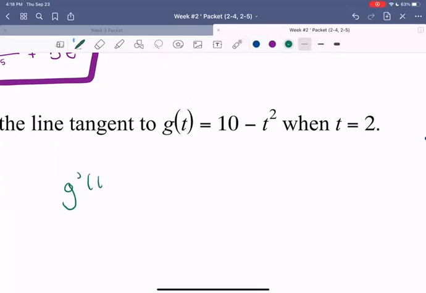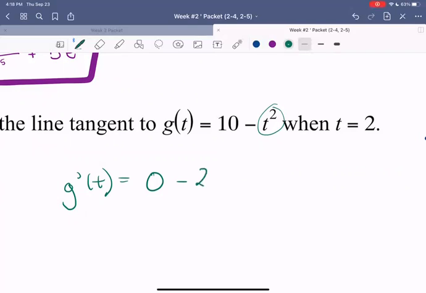So g prime of t. Well, g of t is just a difference here, so we're going to compute the derivative of each term. The first term is just 10. What we saw in our previous video is that the derivative of a single constant is 0. So we just get 0 for that first term. Then we're going to subtract the derivative of t squared. Well, t squared is just a power with our variable in the base, so we just use the power rule.